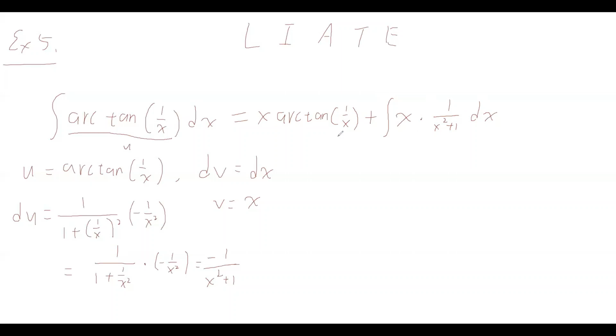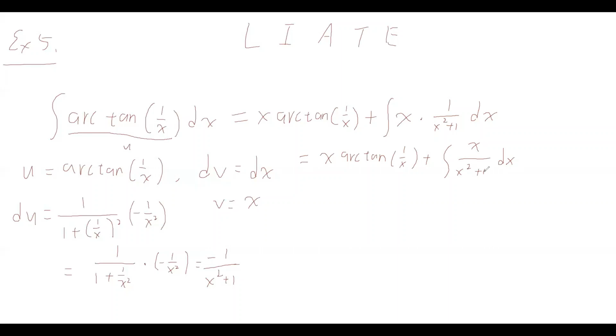This is a fairly nice integral. x arctan of 1 over x plus the integral of x over x squared plus 1. Now remember that this thing is positive because I combined the minus from the integration by parts with the negative sign coming from the du.